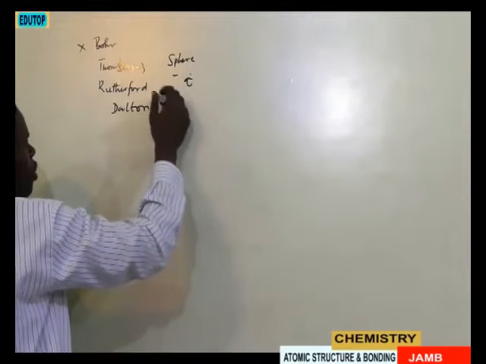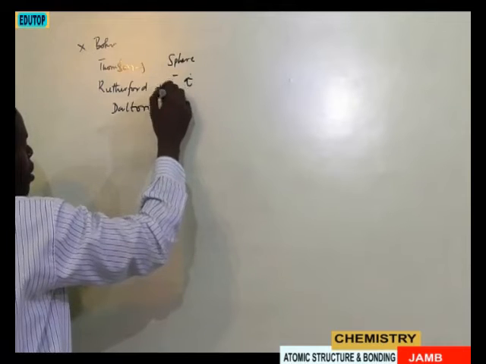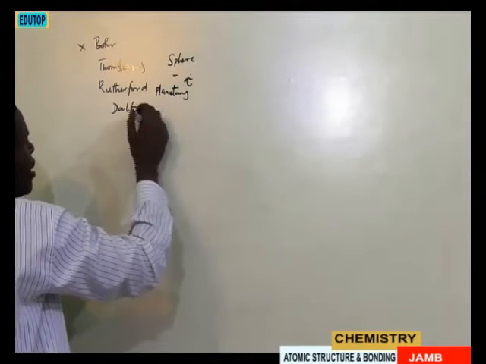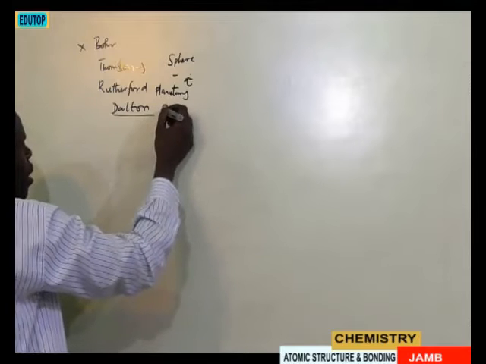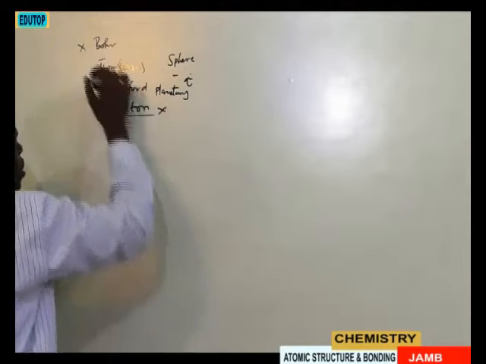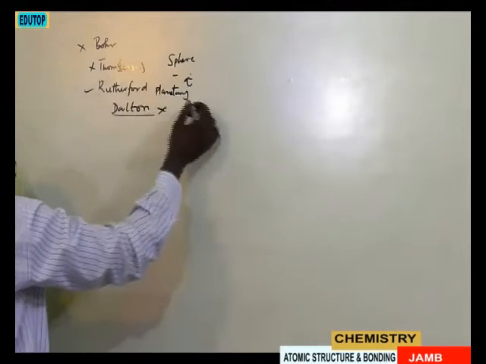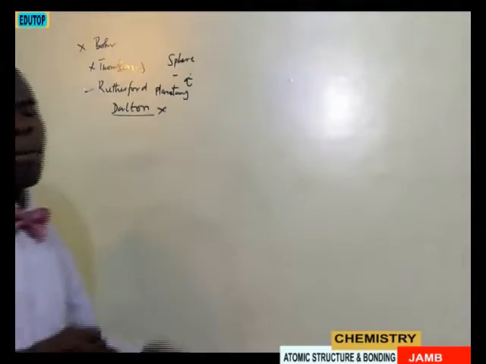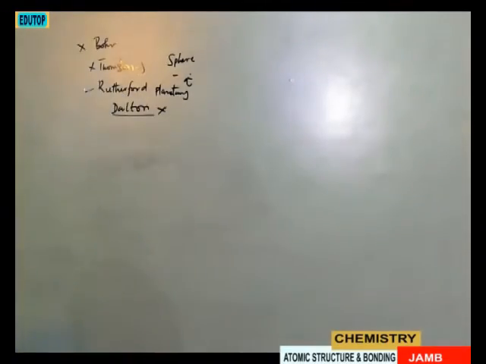So it never worked on planetary electrons. John Dalton only worked on atomic theory. So this one is also out. This one is also out. So the suitable one is Rutherford, who worked specifically on planetary electrons.